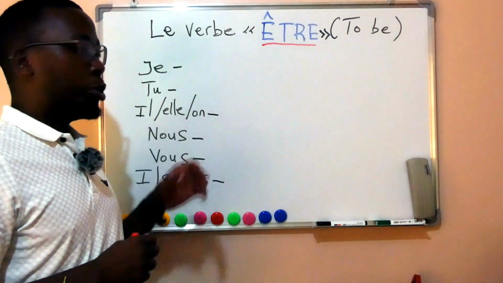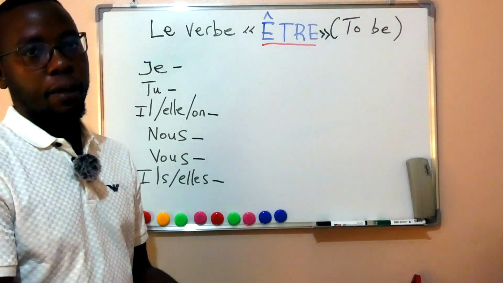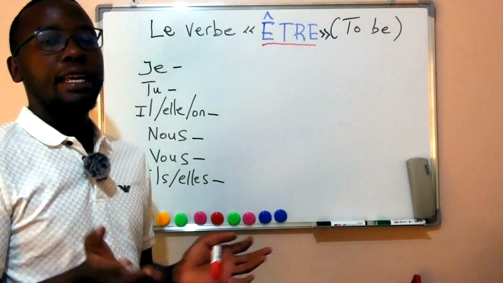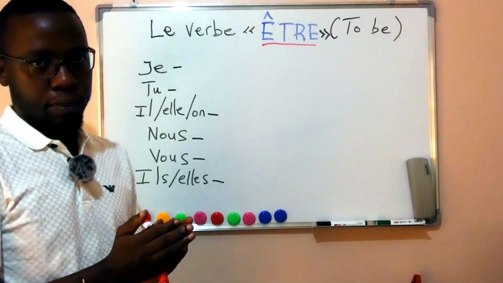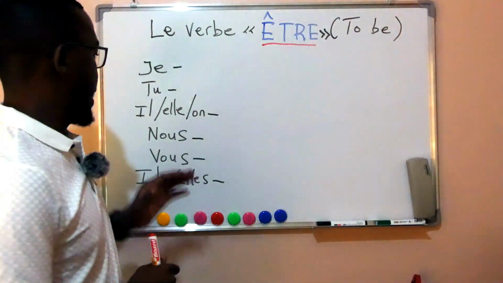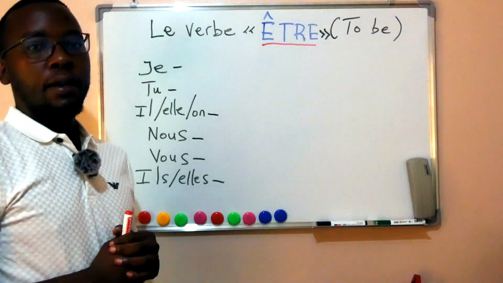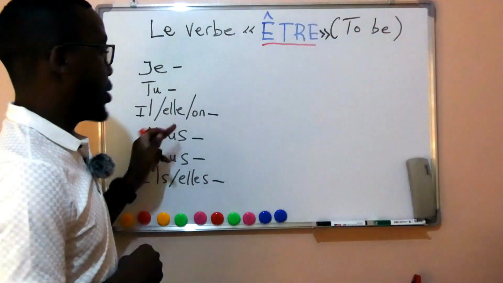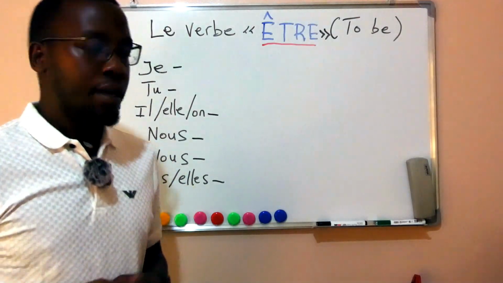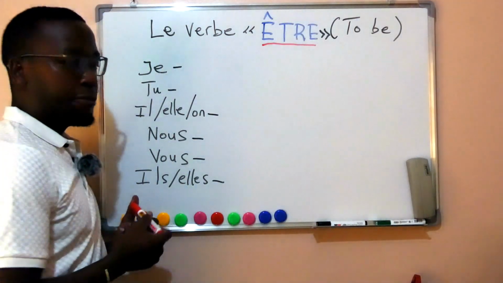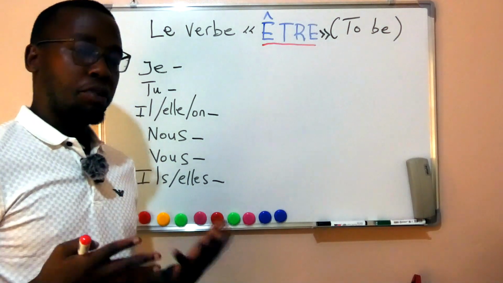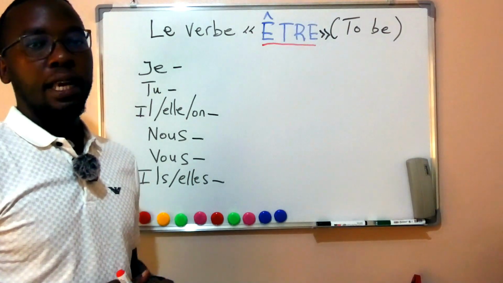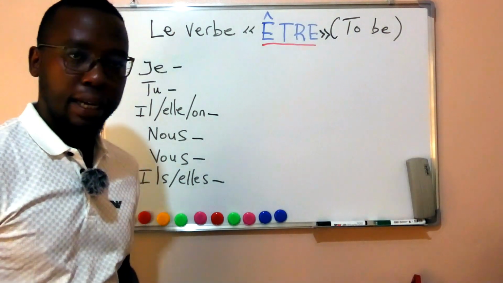And then on means one, like someone, one goes there. On is kind of neutral, it has no gender. But il and elle have a gender. So in French, we have gender. Gender is really, really important in French, as we shall see in our subsequent classes.